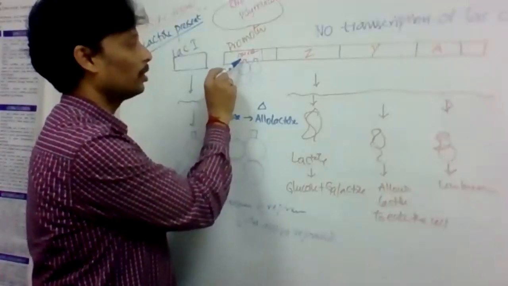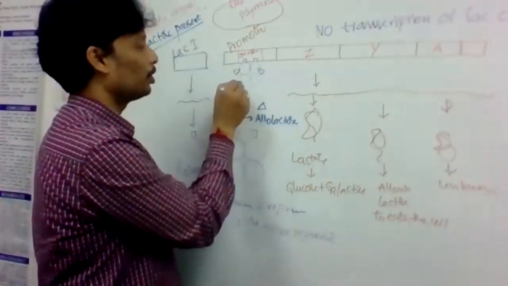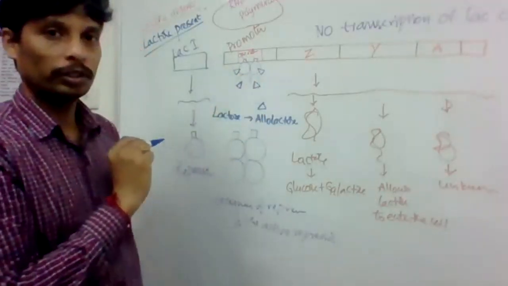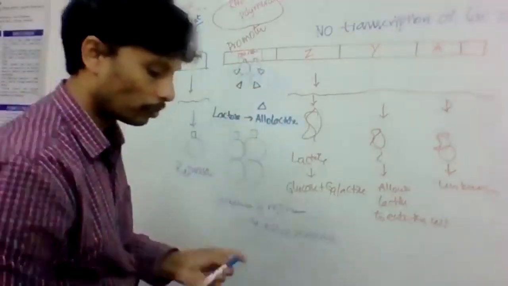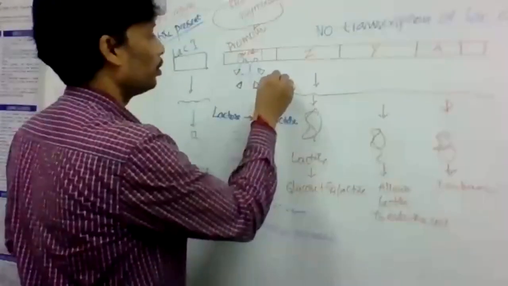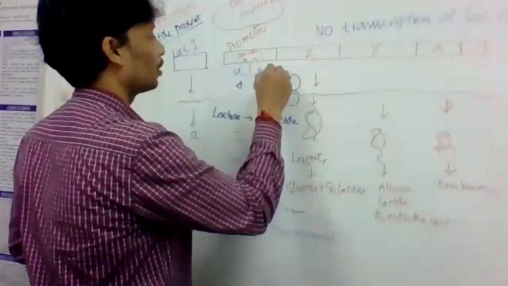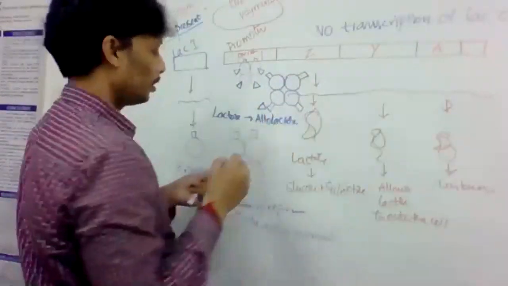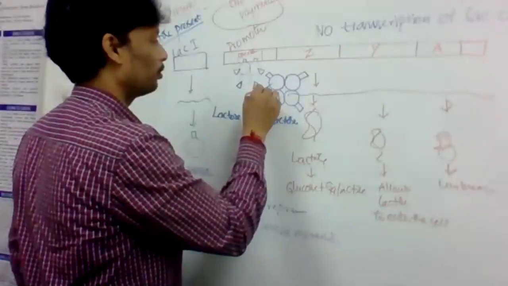So it has affinity to the allosteric site of the repressor molecules. Once it binds, it changes the conformation in such a way that it will not be able to attach to the operator. This is just to make you imagine it, it's not the exact structure.